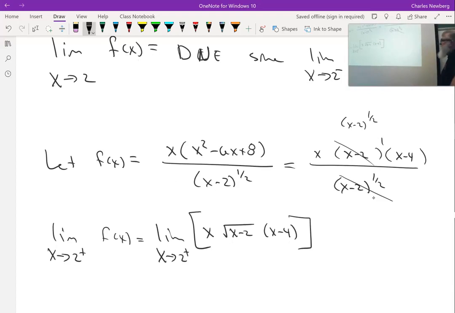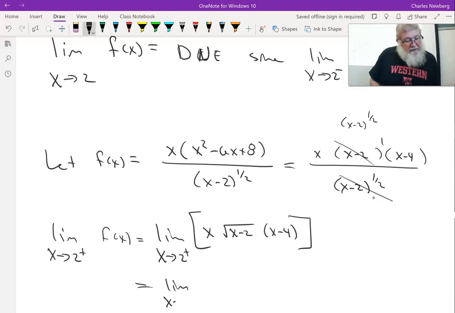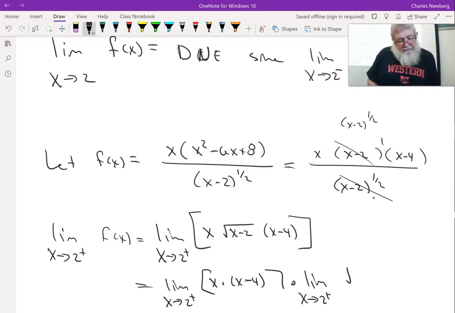Now, x and x minus 4 are multiplied together as a polynomial. So let's pull them out there and make that the limit as x approaches 2 from the positive side of x times x minus 4. And then we'll split off that second piece, the limit as x approaches 2 from the positive side of the square root of x minus 2.